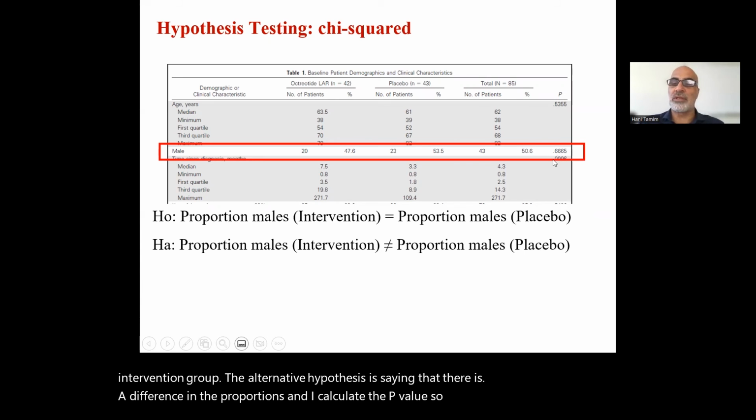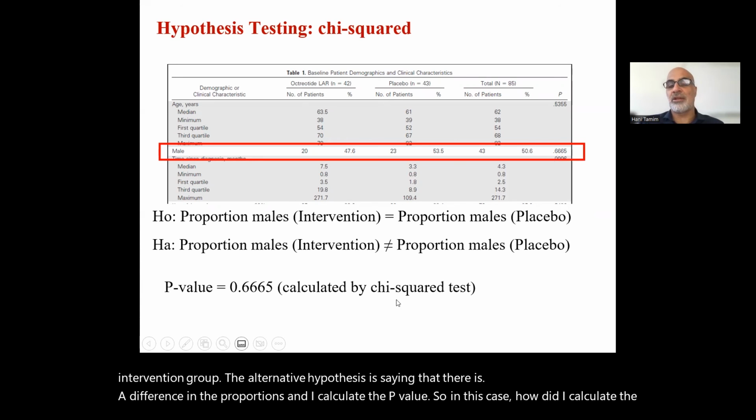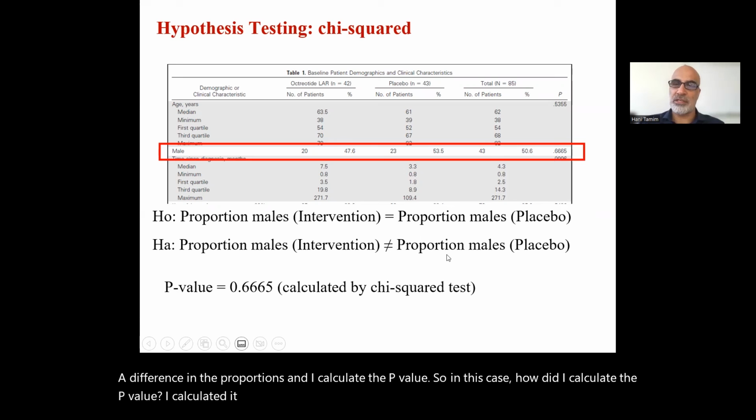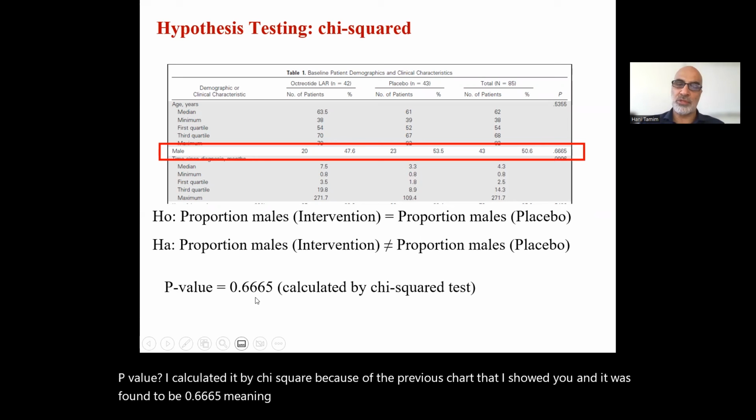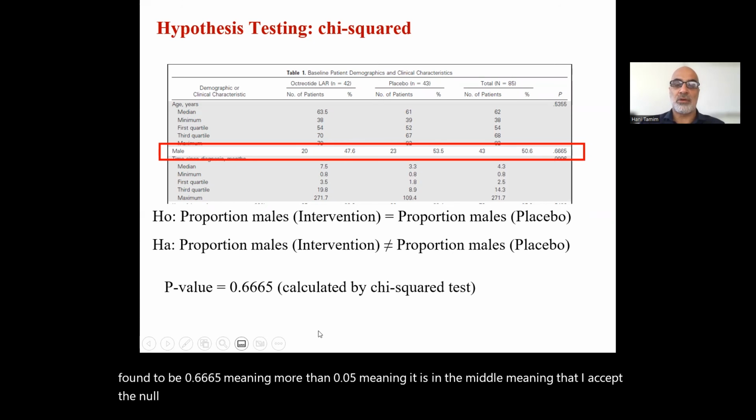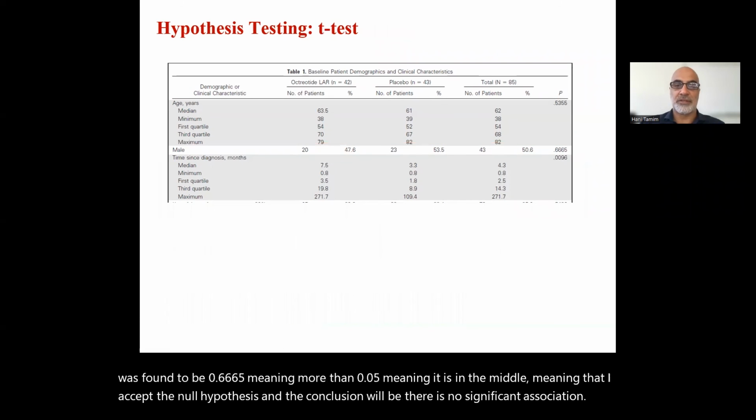I calculated it by chi-square, and it was found to be 0.6665, meaning more than 0.05, so I accept the null hypothesis, and the conclusion is that there is no significant association, no significant difference.